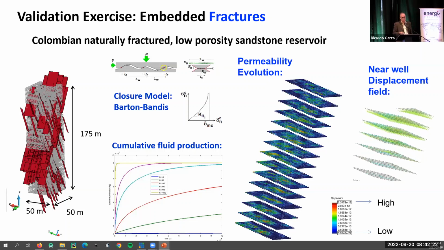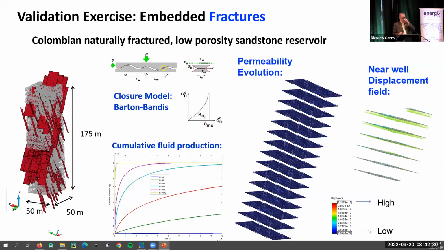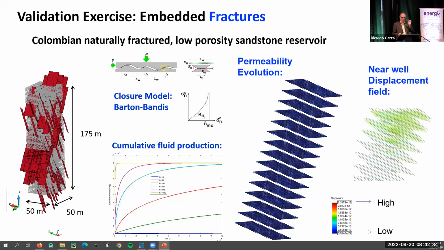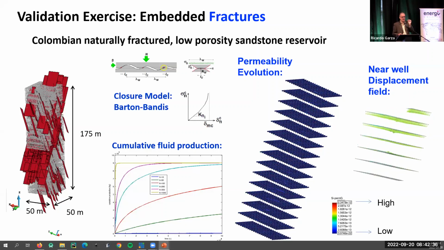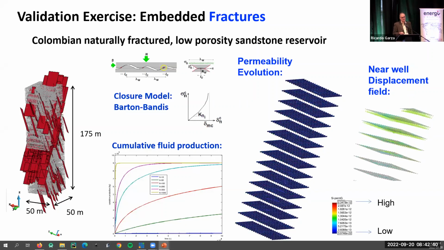So when we have production, we have the drop of pore pressure, increase of effective stress, and closure of the fractures. And depending on the stiffness of the fracture, we can have a decrease in production. This is a problem that is called geomechanical damage in the literature.